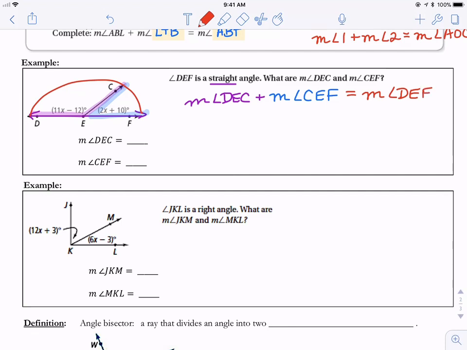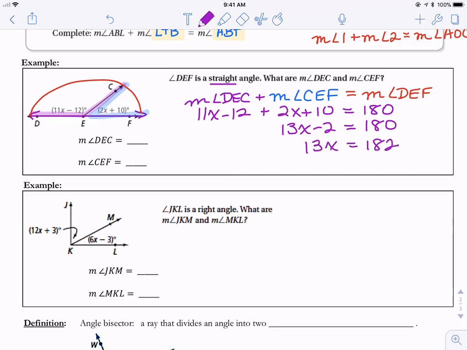Now we know that that is a straight angle, so we know it's going to be 180 degrees. So 11x minus 12 plus 2x plus 10 is equal to 180. We've got 13x minus 2 equals 180, or 13x equals 182, and x equals 14.